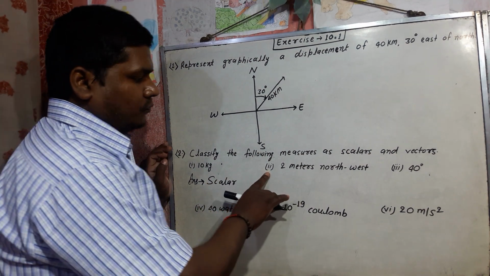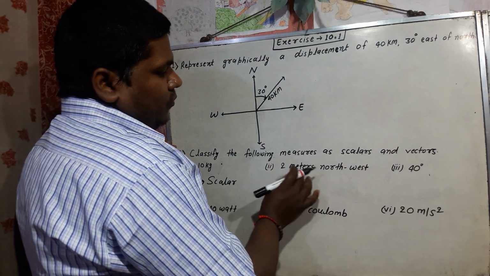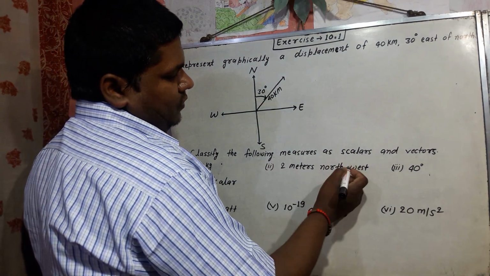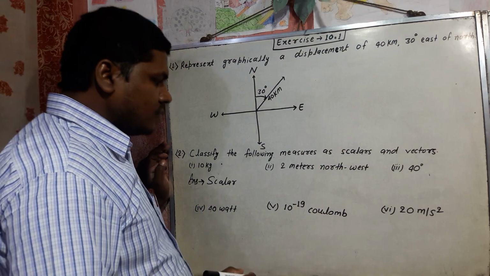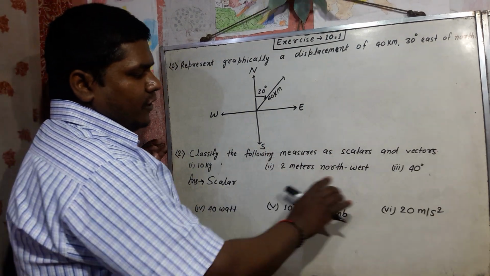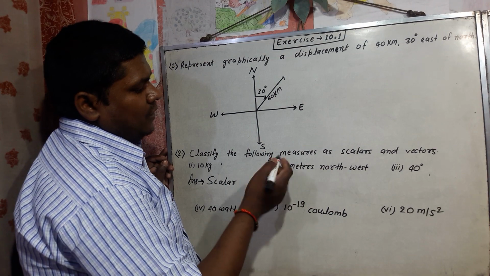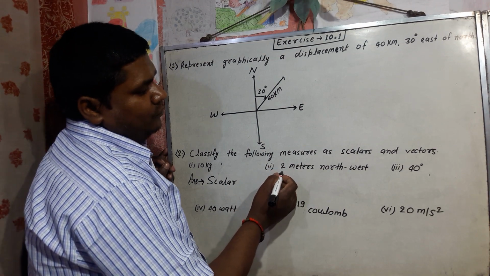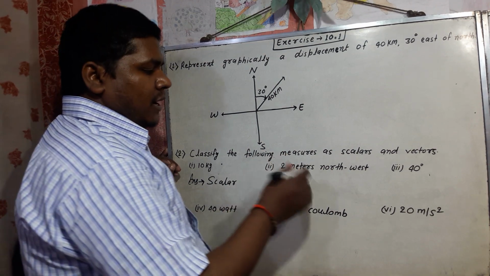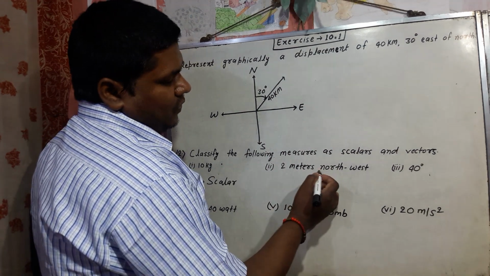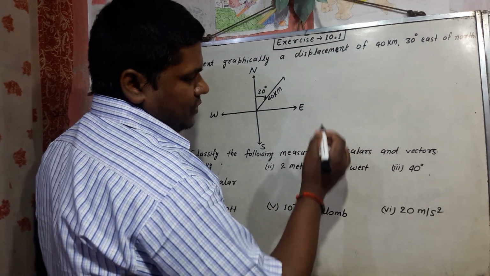Number 2, 2 meters north to west. Here the given quantity has magnitude, 2 meters, and also a definite direction, north to west.